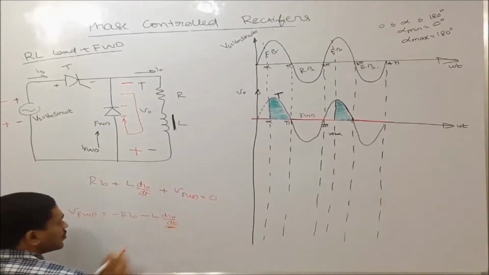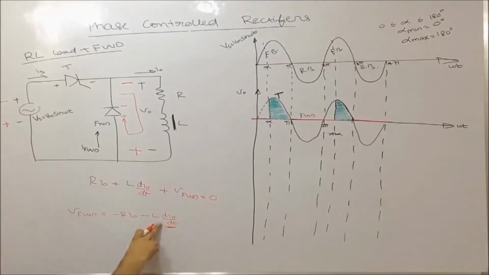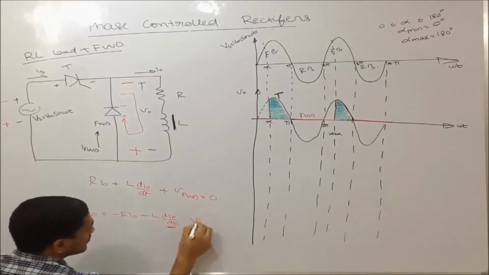Now you see this di naught by dt has to produce only 1 volt. This is very easy.